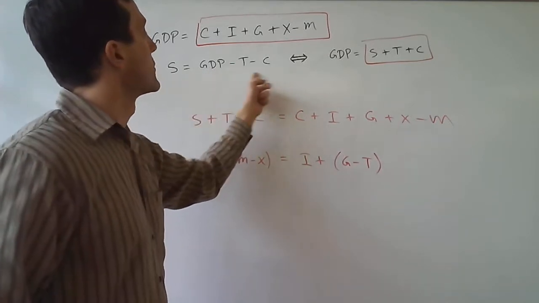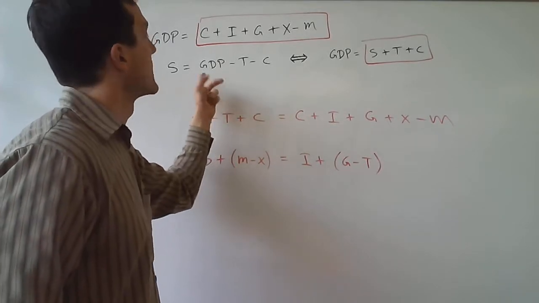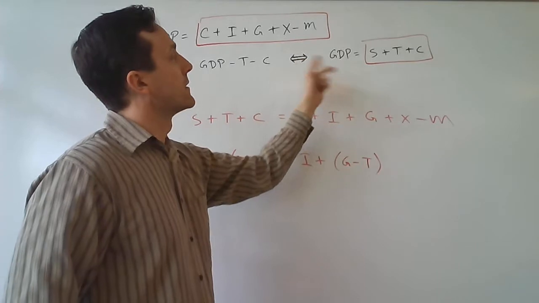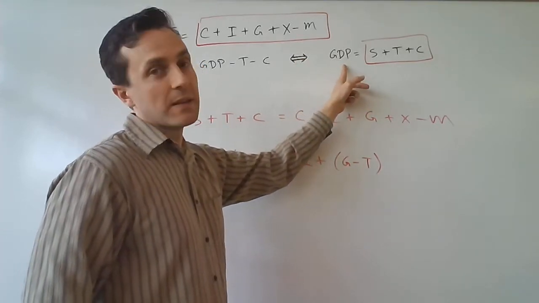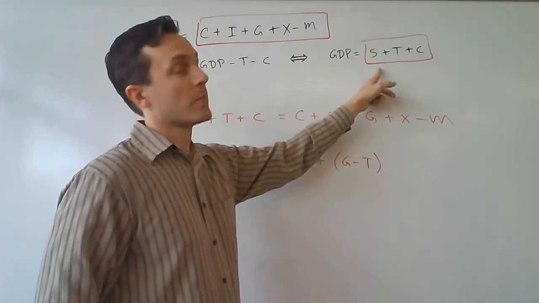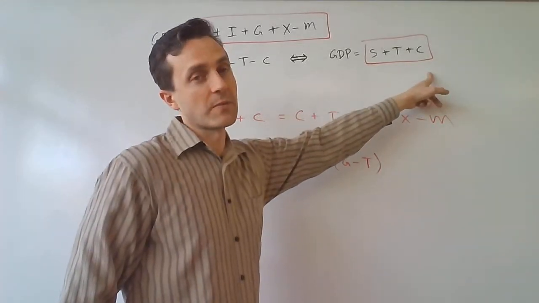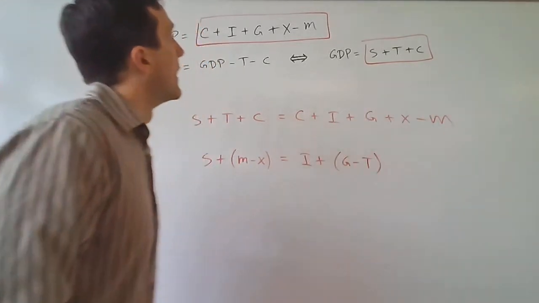So using this equation, well, you can just rearrange things algebraically, right? This implies that GDP is actually equal to private savings plus tax revenue plus consumption spending, right?